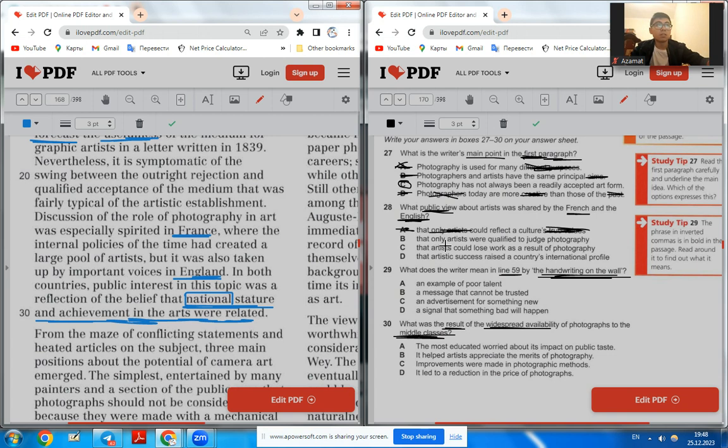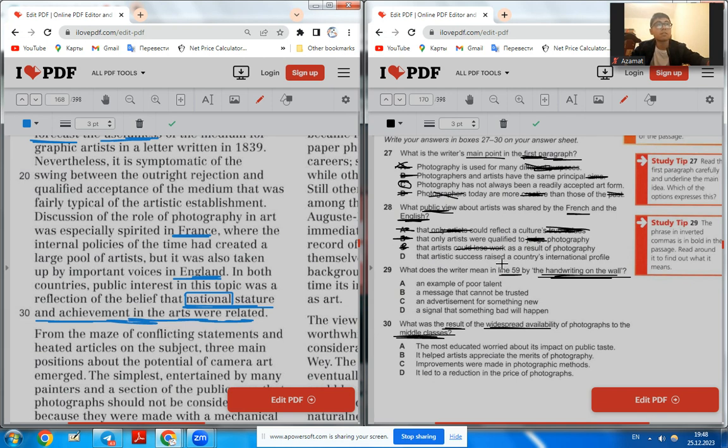That only artists were qualified to judge photography, nothing about judgment of them, right? So the answer is not B. That artists could lose work as a result of photography, nothing about the loss of the work of photographers, right? So this C is not the correct answer choice.